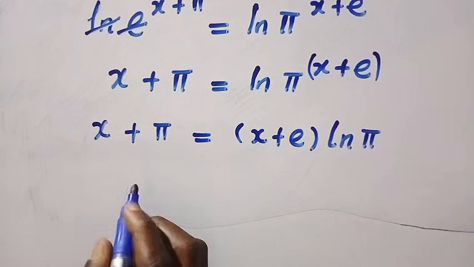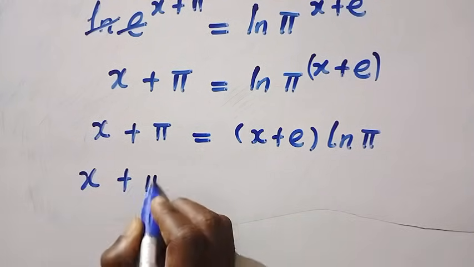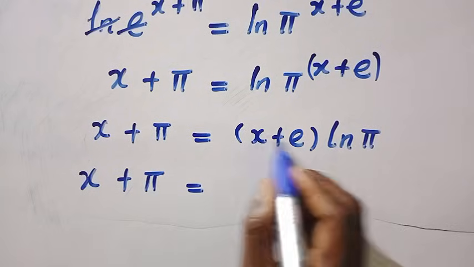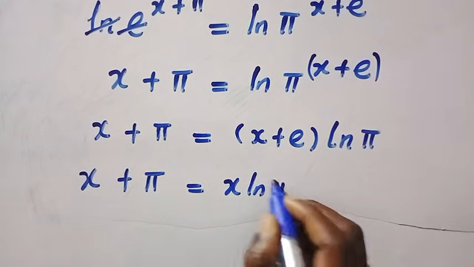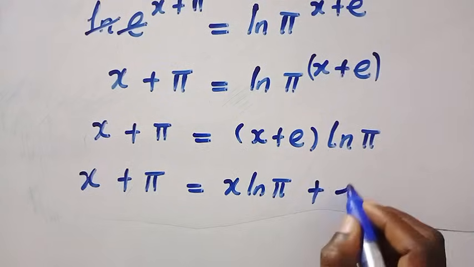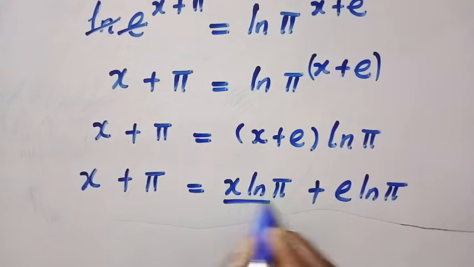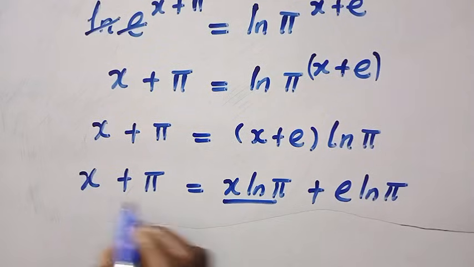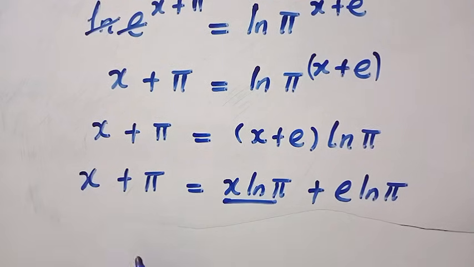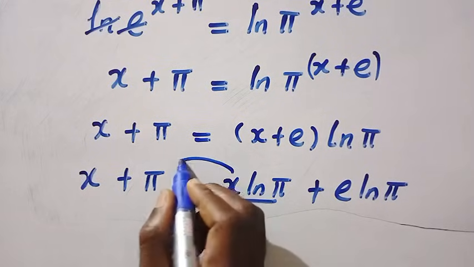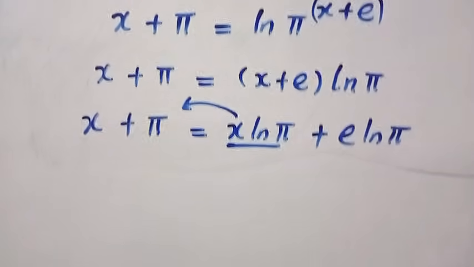Then we open the parenthesis: x + π = x ln π + e ln π. This is having x, this is also x. We combine x ln π with x, taking this to this side, and we also transfer π to the other side.